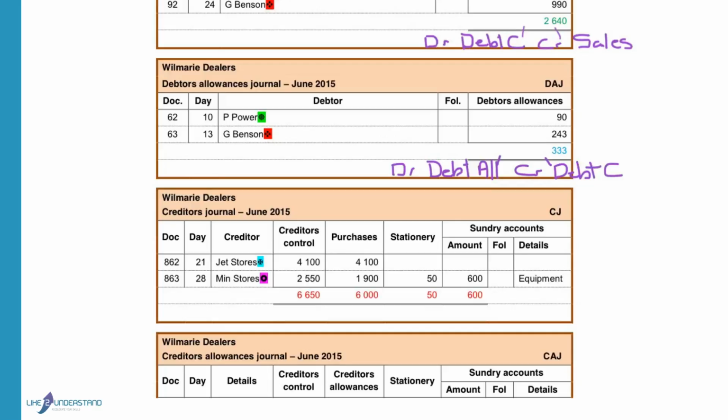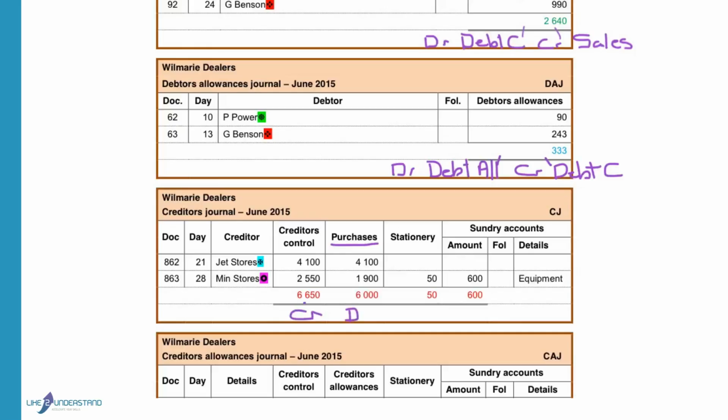In the creditors journal, it will look exactly the same as in the perpetual system. In the periodic system, we only have a purchases column instead of an inventory column. So when we post these entries to the ledger, we will credit creditors control because we owe them more money.